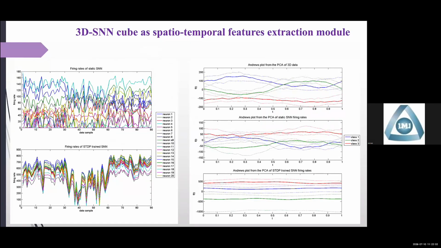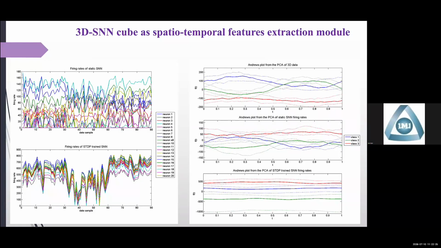This is an artificial example, but after STDP training, you see how the network settles down to different clusters, and this is an example of how we can distinguish. These are Andrews plots from PCA of the data before and after. This is on raw data.